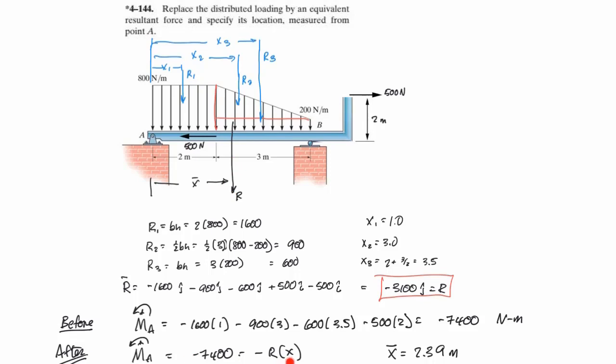And so that I have right here, the resultant force was equal to 3100, and you can compute x bar is equal to 2.39. So that gives you a little introduction here about how to find equivalent systems using distributed forces.